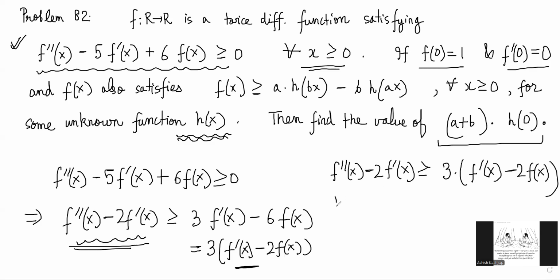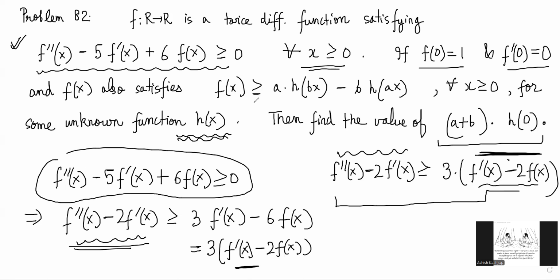Now this should give you a hint, because if you see the bracket here, the derivative of this is actually the left hand side. So f double dash x minus 2 f dash x is the derivative of this. And this inequality is true for all x greater than or equal to 0.